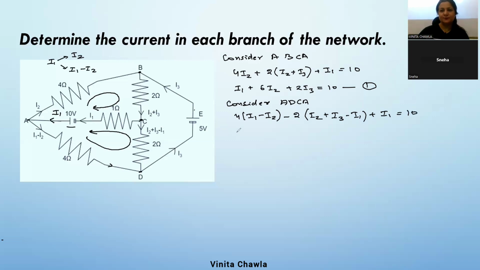Now simplify this. 4I1 minus minus plus 2I1. 4I1 plus 2I1 is 6I1, 7I1. I2 में we have minus 4I2, minus 2I2, minus 6I2. I3 में we have minus 2I3, just minus 2I3 we have, है ना? ठीक है ना? वेरीफाई करना है, कॉपी नहीं करना.